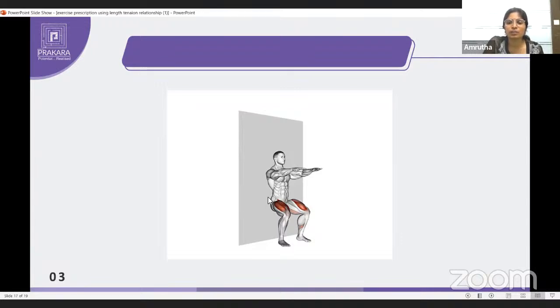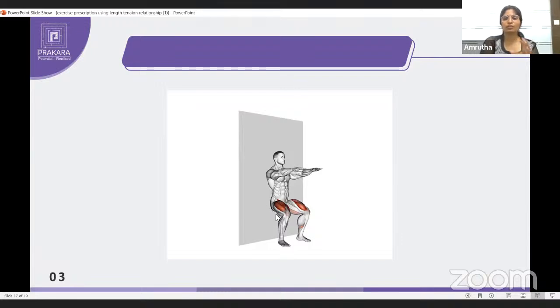One more thing I would like to add is quadriceps and hamstrings are not one joint muscles, they are two joint muscles. So there is one more concept, active insufficiency and passive insufficiency. Let's not dig there today in this webinar because it is something a bit huge which can't be included in this webinar.